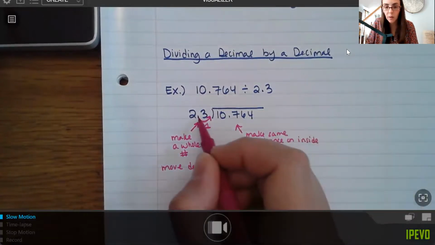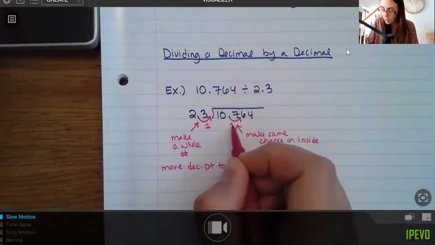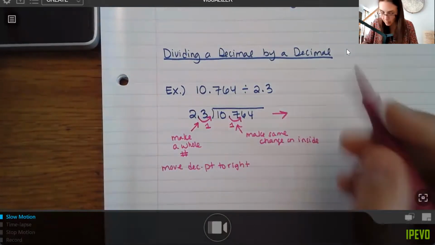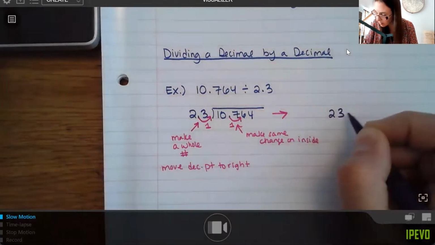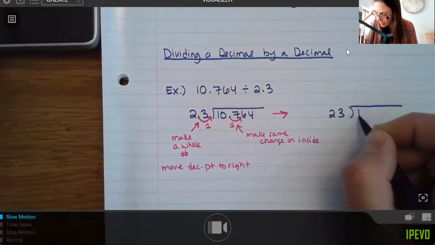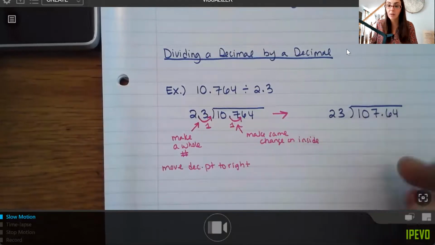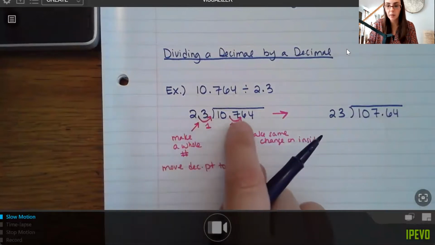So if this is moved one place, I have to also move this one place as well. So what I'm actually going to end up dividing instead is 23 going into 107.64 or 64 hundredths.